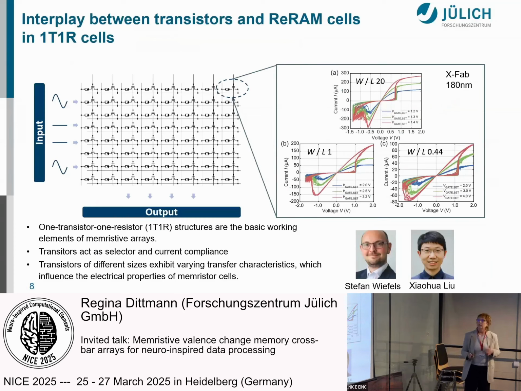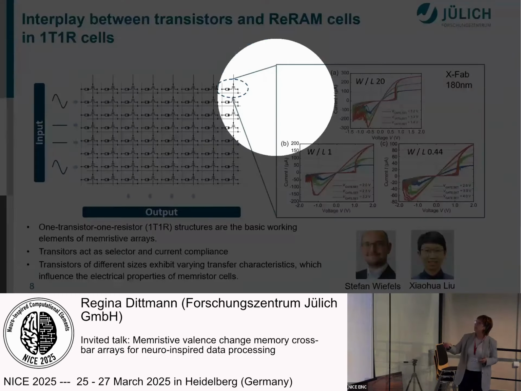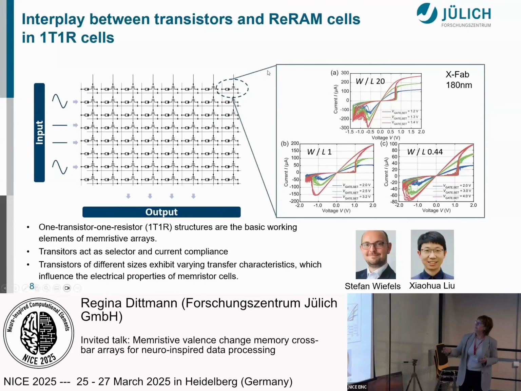In all these crossbar arrays, we have 1T1R cells, namely the transistor in these crossbar arrays acts on the one hand as a selector, and on the other hand as a current compliance for the devices.